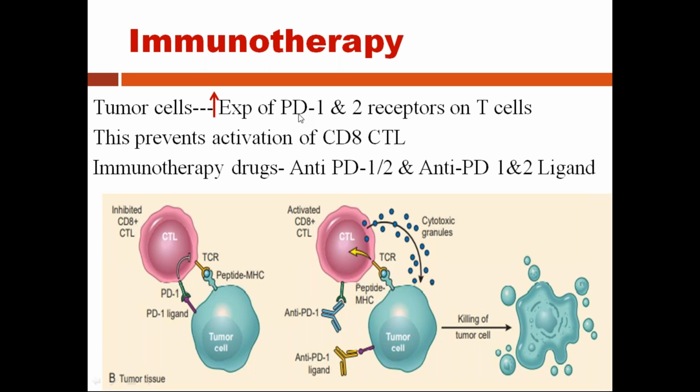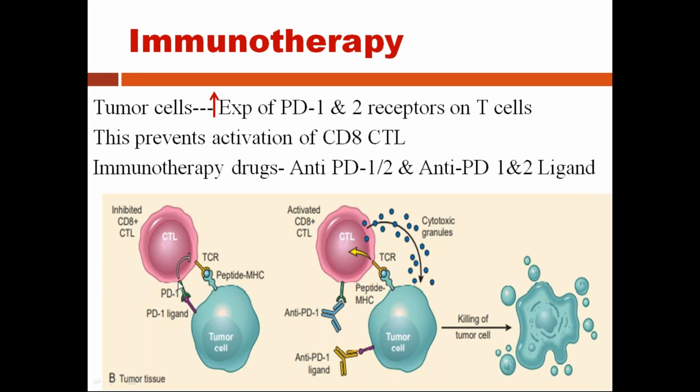on the T cell, which is the PD-1 and 2 receptor. PD is programmed death, 1 and 2 receptors on the T cell. So these are also inhibitory receptors which prevent the activation of signal transducing pathways, so the T cell does not get activated at all.